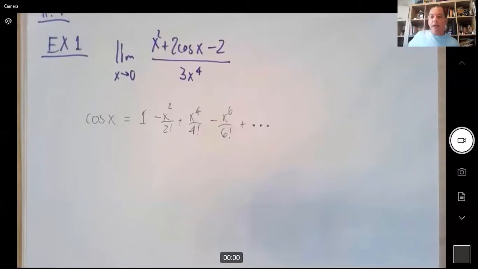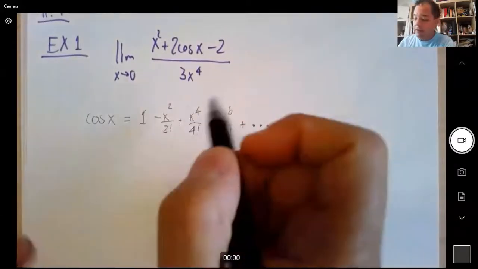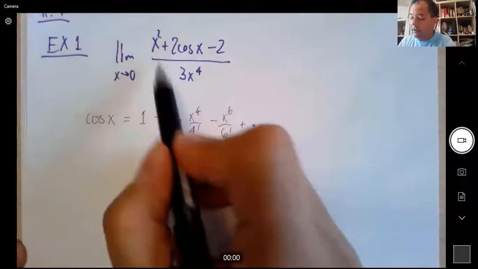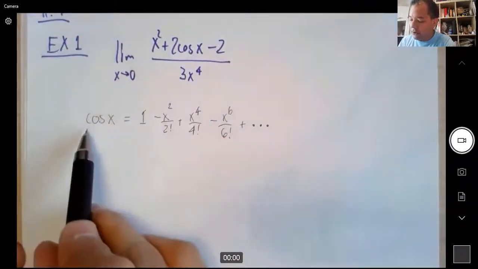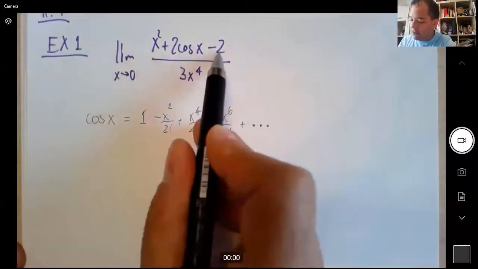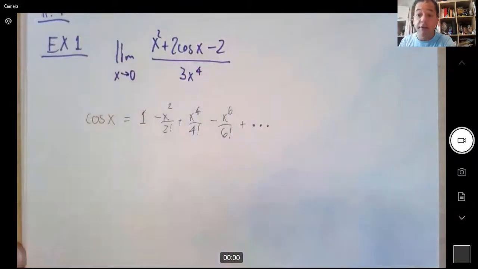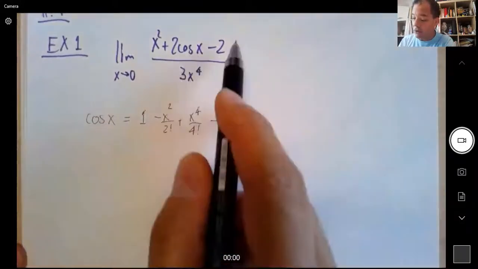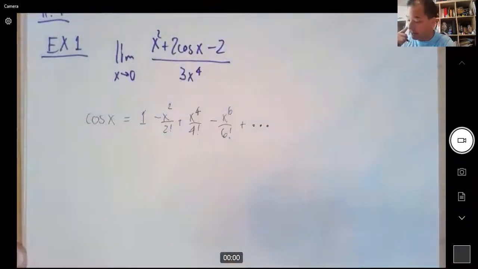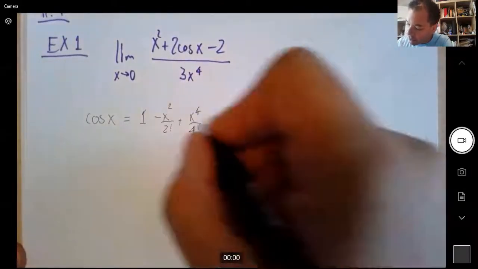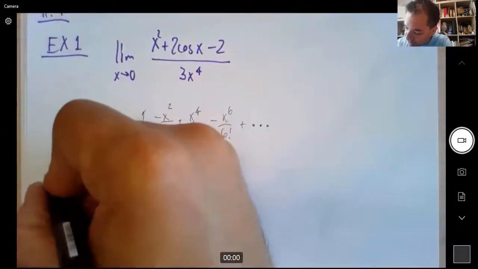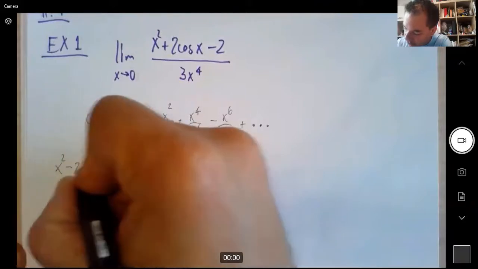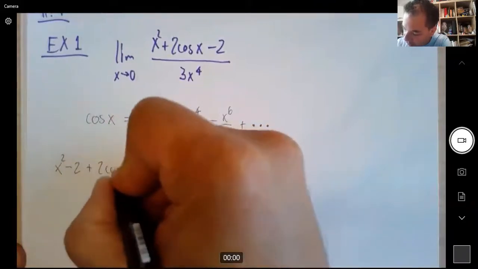Now, let's create this expression, right? So let's multiply this by 2 and add x squared minus 2 and then divide everything by 3x to the 4th, right? In other words, create the expression for the limit, okay? So I'll do it here. So first, x squared minus 2 plus 2 cosine x.